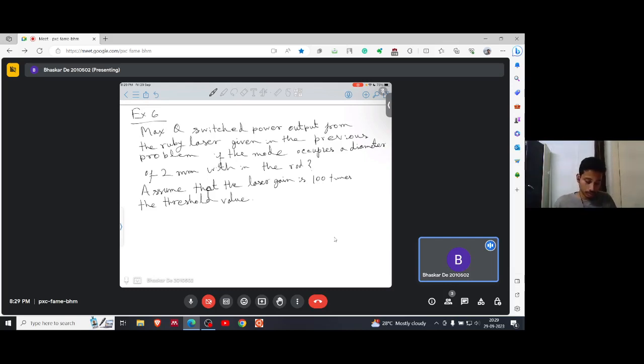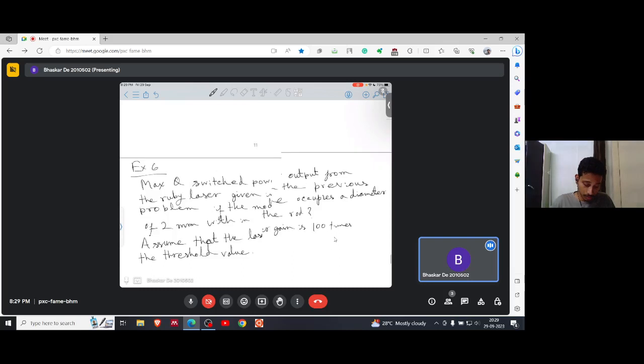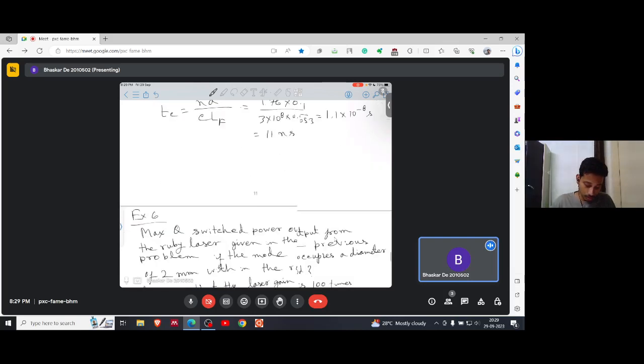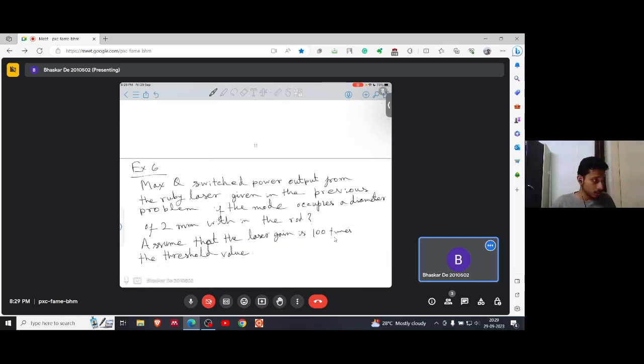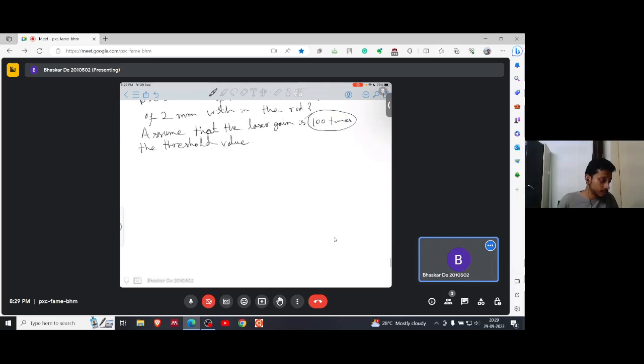Okay, so this is related to the previous problem. Here we have calculated the TC, so here we have to calculate the maximum Q switched power output from the UV laser, where the beam mode occupies a diameter of 2 mm in the rod. Assume that the laser gain is 100 times the threshold value.